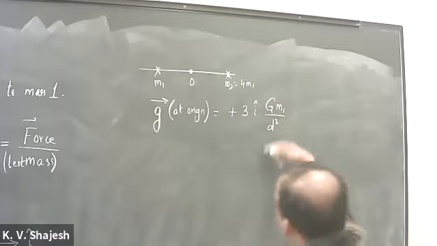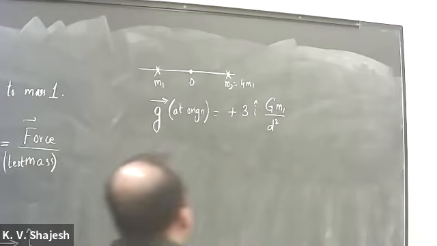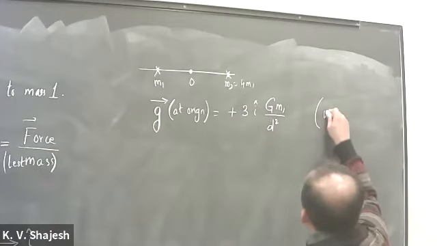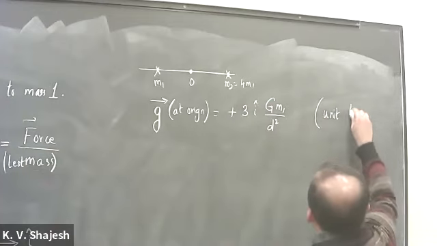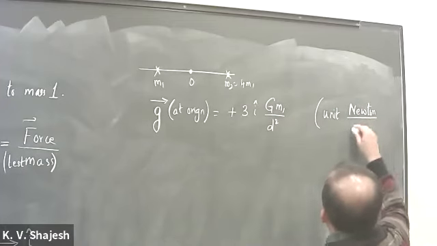If I know the values for mass and the distance, we have a number there. What would be the unit of gravitational field? Since it is almost equal to the force except for a mass, it will be Newton per kilogram.